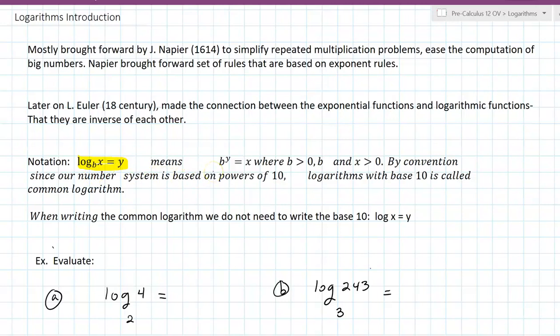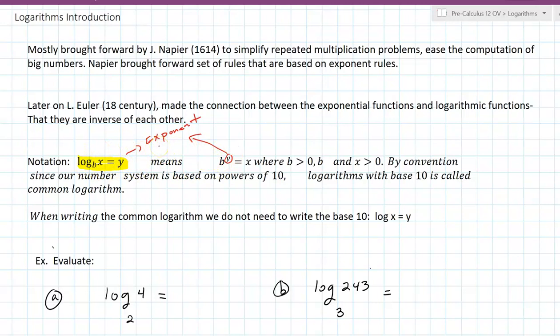And what it means is basically that y is the exponent. And here it is. That's the y, that's the exponent. So base to the exponent will give you the argument x for log. And that's what that means. Basically, these two, the exponential form and the logarithmic form, they're interchangeable.